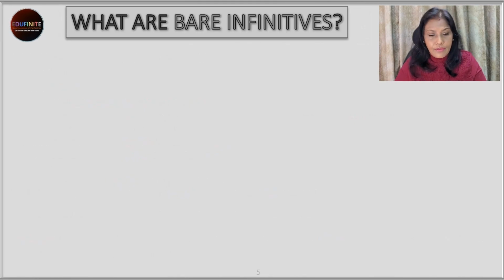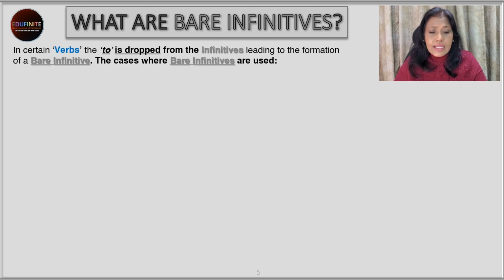Now, what are bare infinitives? In certain verbs, the to is dropped from the infinitives, leading to the formation of a bare infinitive. So, till now we have very well understood that the infinitive is preceded by the word to and then the base verb. But in certain cases, when that to is dropped from the infinitive and left with only the base verb, that is called the bare infinitive.